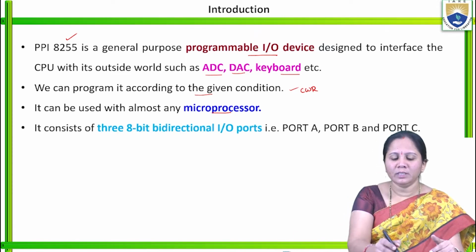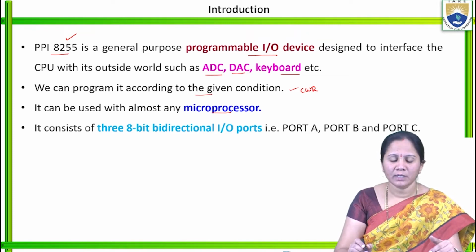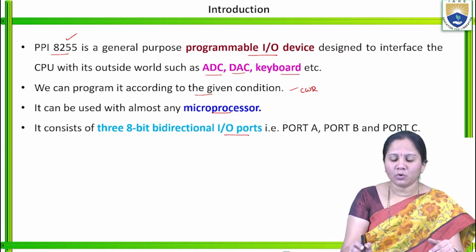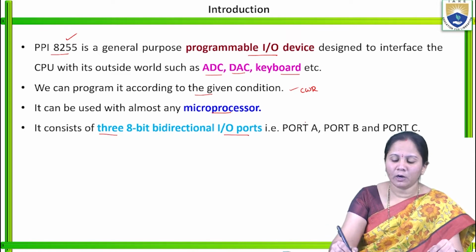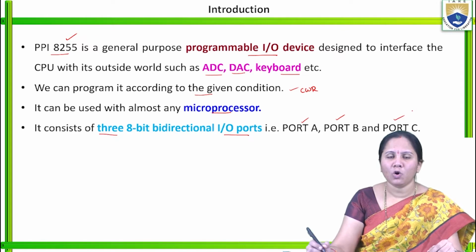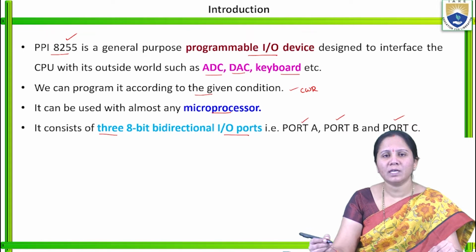This 8255 PPI, Programmable Peripheral Interface, consists of I/O ports. Totally it consists of 3 ports. They are port A, port B, and port C. All the 3 ports are I/O ports, that means a port can be used as an input port or an output port.